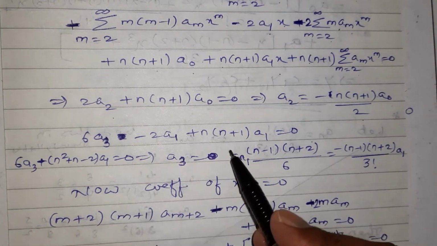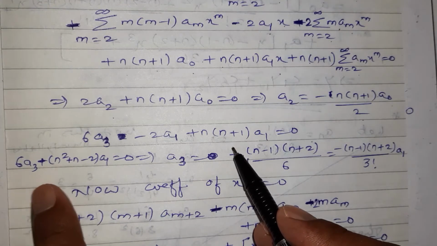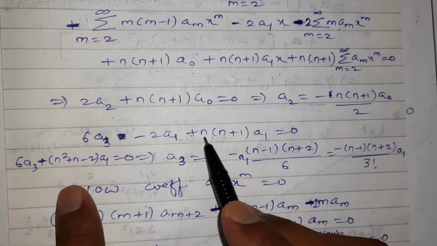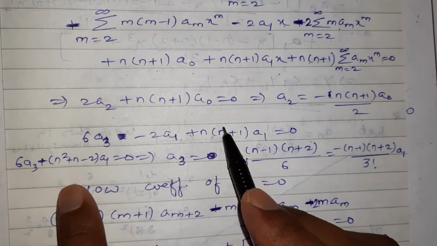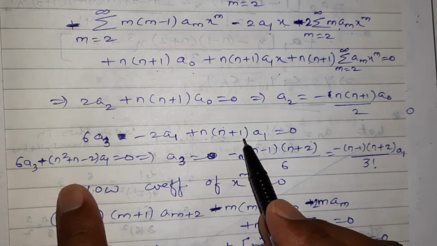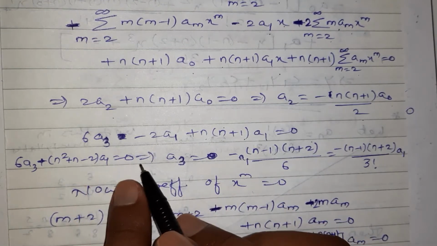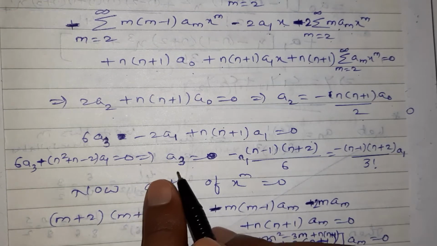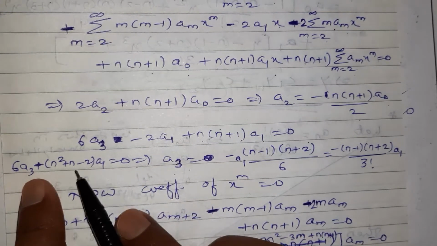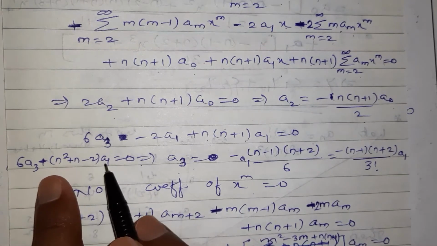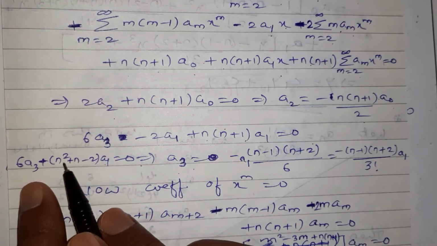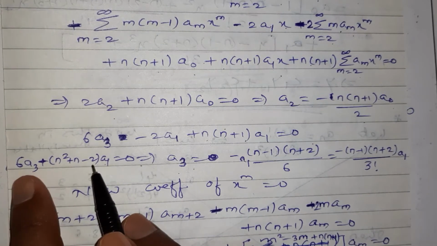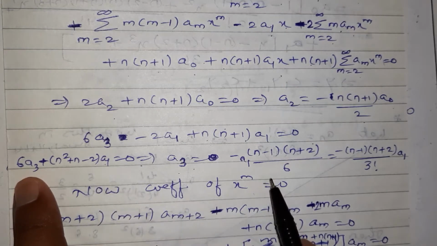If you simplify, what will you get? 6a3 plus, if I simplify, I get n square plus n minus 2, times a1, is equal to 0. So from this you will get the value in terms of a3. So a3 is equal to minus a1 times n square plus n minus 2 upon 6.